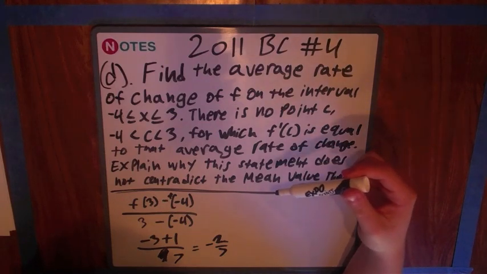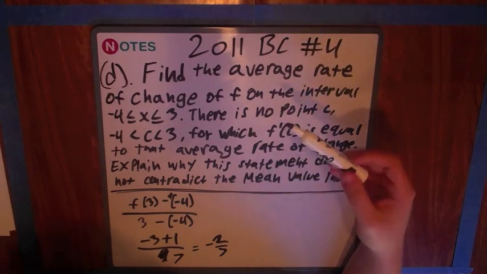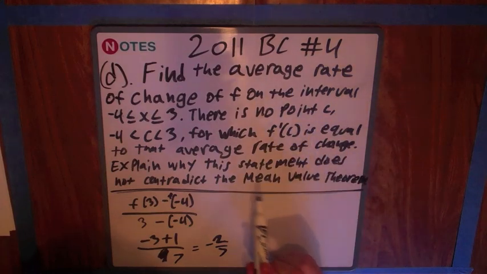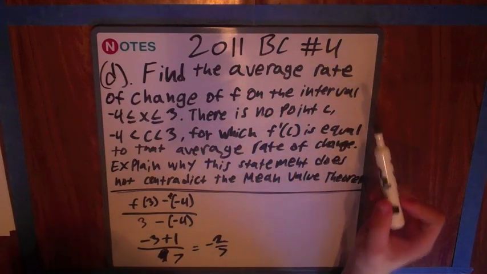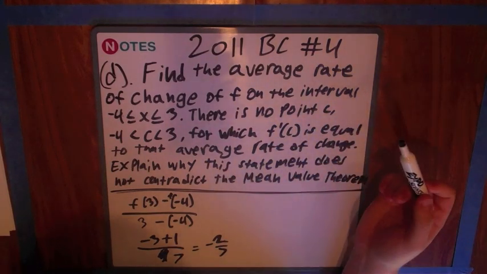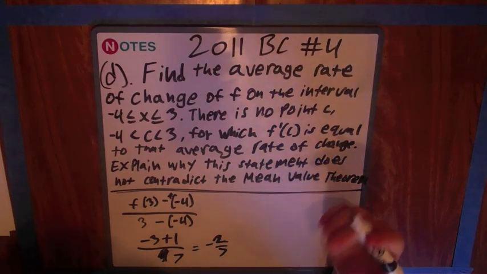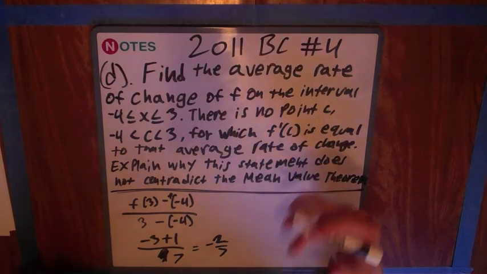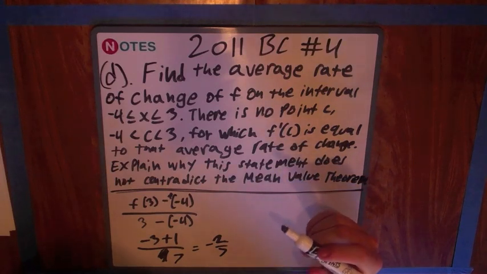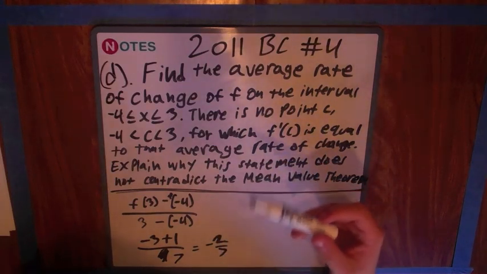So again, the mean value theorem requires that everything be differentiable from negative 4 to 3, but in this case, at the point x equals negative 3 and x equals 0, the graph becomes undefined.